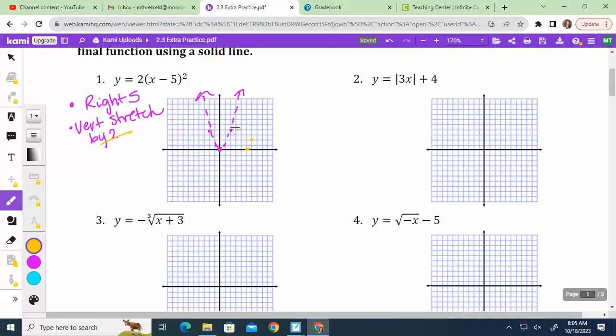Okay, this one is at 4. If you take it times 2, you're at 8. And then right 5. Okay, this was a y value of 1. Times 2 is 2. Right 5.